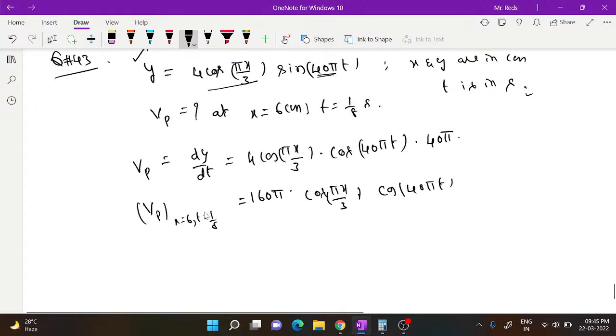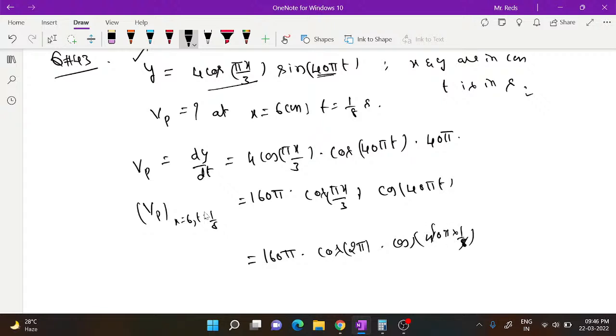If you substitute here, you will get 160 pi into cos of x equal to 6. If you put the x value 6, pi into 6 by 3 is 2 pi, so it becomes cos 2 pi, into cos of t equal to 1 by 8, that is 40 pi into 1 by 8, cos 5 pi.